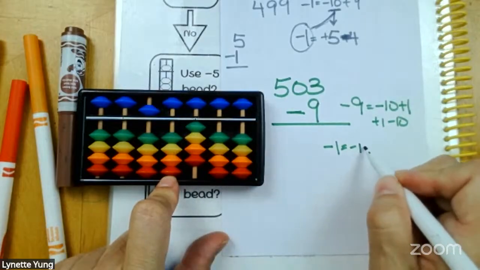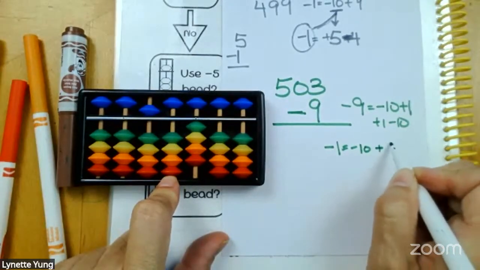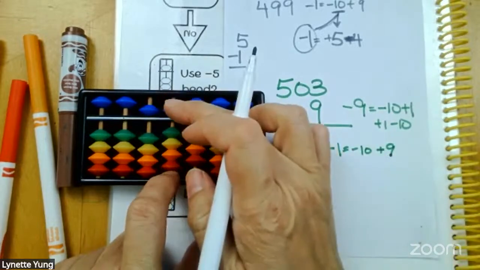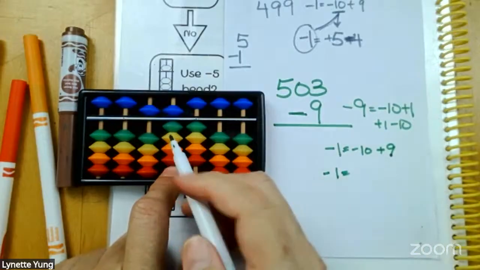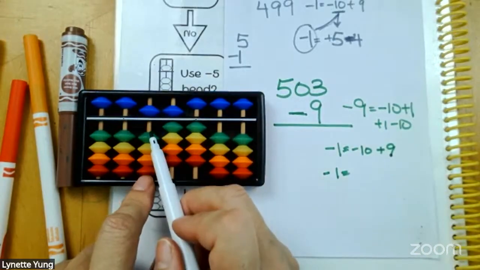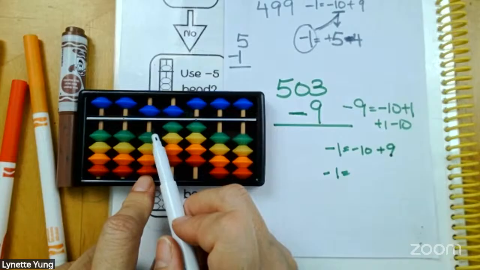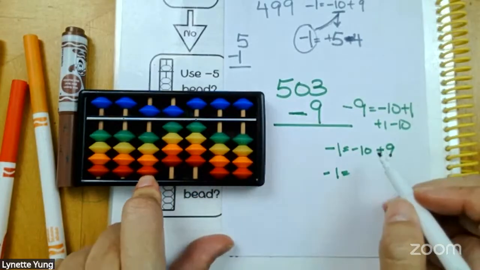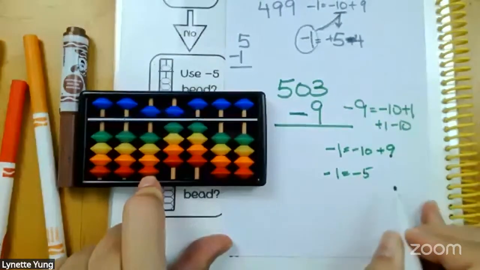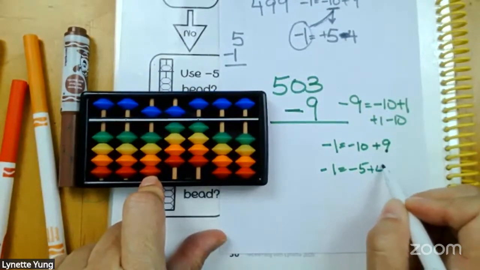It's easy. Minus the 10 plus the 9. So you add the 9 here, and then you minus the 10. Now I want to minus the 1 here. No, you have to minus the 10. So there's 5. So how do you minus the 10? Minus the 10 is equal to minus the 5 plus the 4.